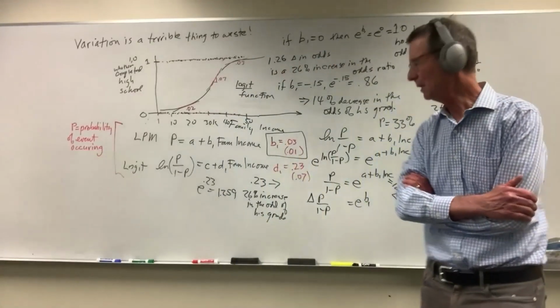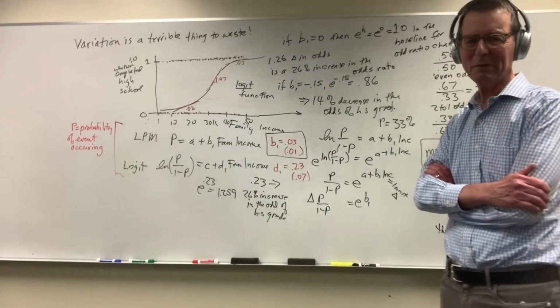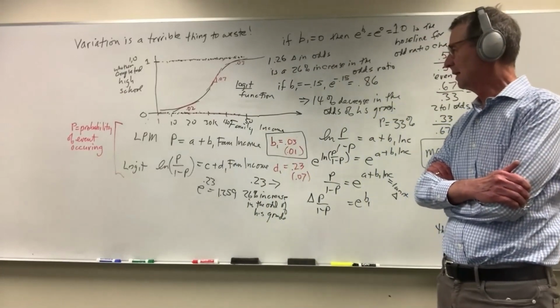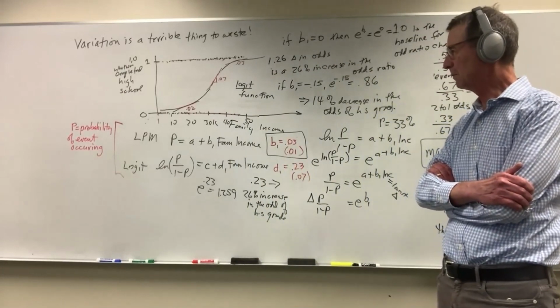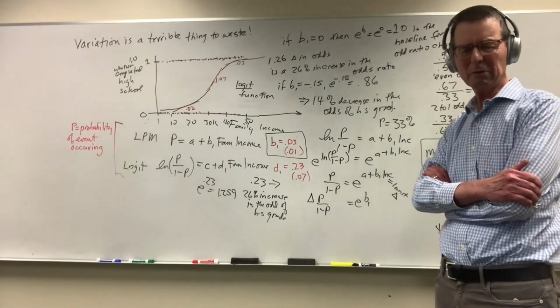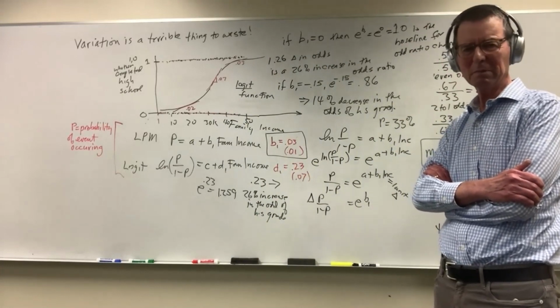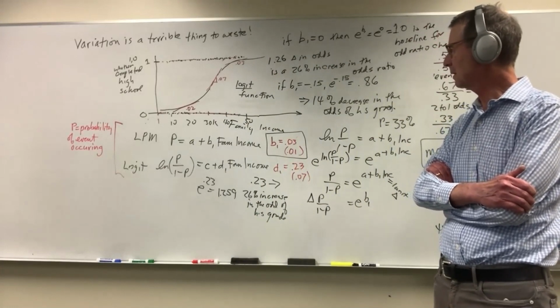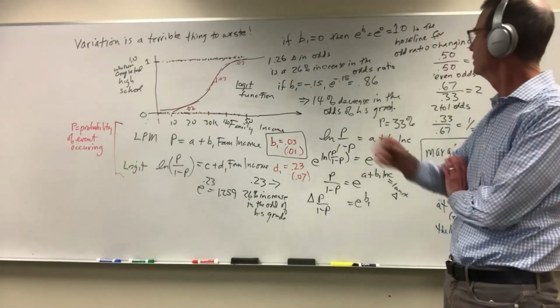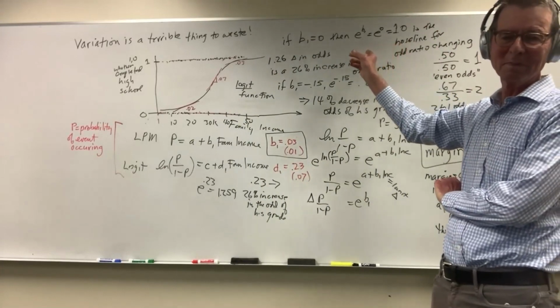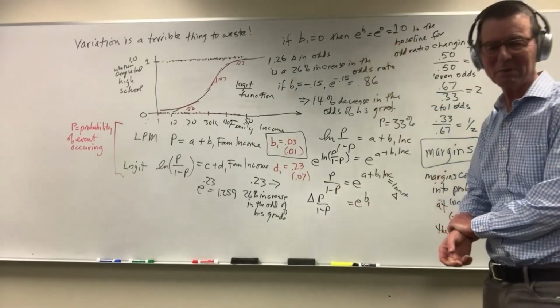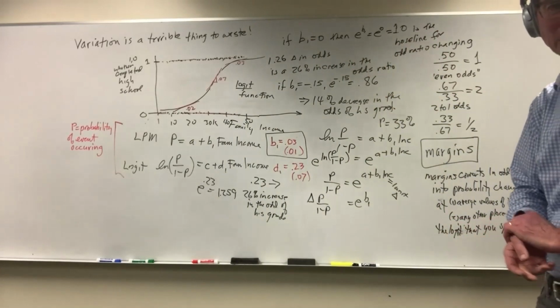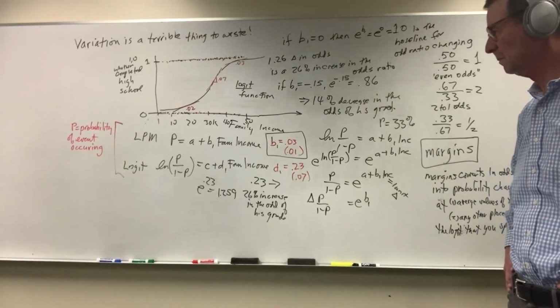Yeah, it would be double plus 0.01. Yeah, right. So that's kind of a quirk of how we talk about things. But doubling the odds means going from 1 to 2, right? So again, we're talking about the same thing. Okay, thank you.